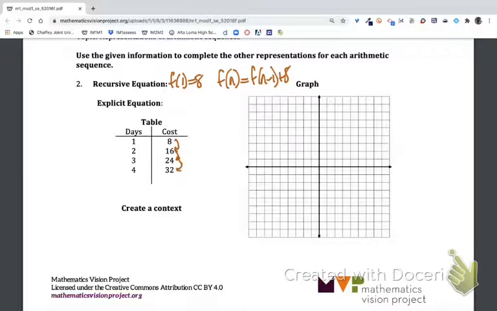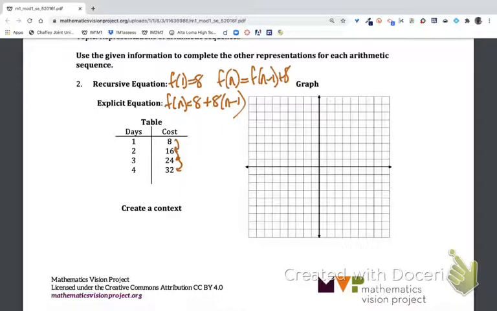For the explicit equation, very similar. What is the first step? 8 plus, we are moving a common difference of 8 units each step of the way.